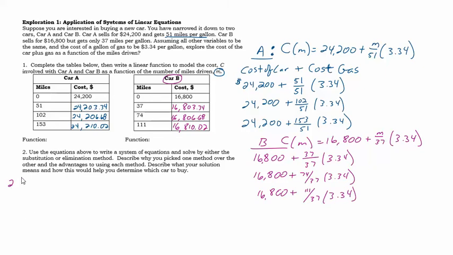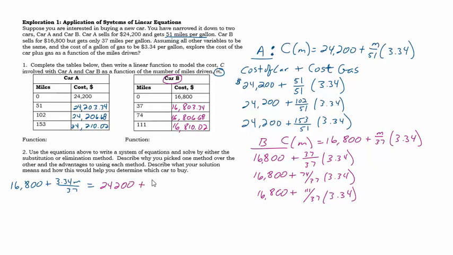Okay, let's keep my color coordination going here. So with my blue pen, this is the cost, the y value, the cost of car B. Let's write this as 334m over 37, just as one fraction. And I want to know, when does that equal the cost of car A?